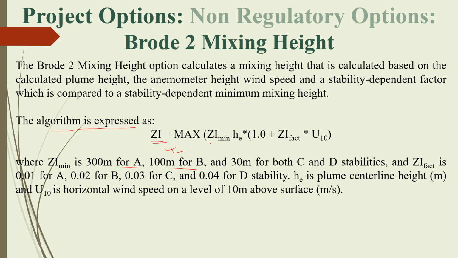Zi, sorry, and hs is the stack height, and HA is the effective plume height, and U10 is the horizontal wind speed at a level of 10 meters above the surface.